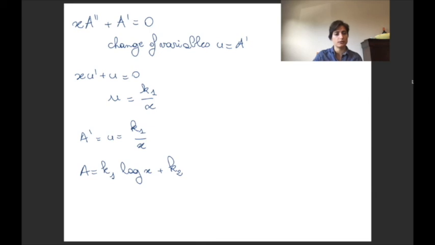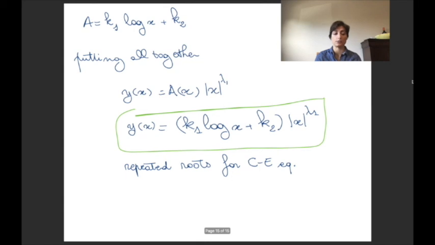So u is k1 over x, with k1 any possible constant. Then a prime is k1 over x, we integrate this, and we have k1 log x plus k2, with k1 and k2 constants. It's a second order ODE, so it makes sense to have two constants at the end of the game.